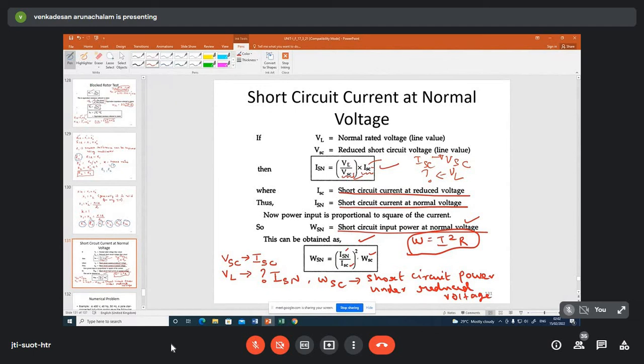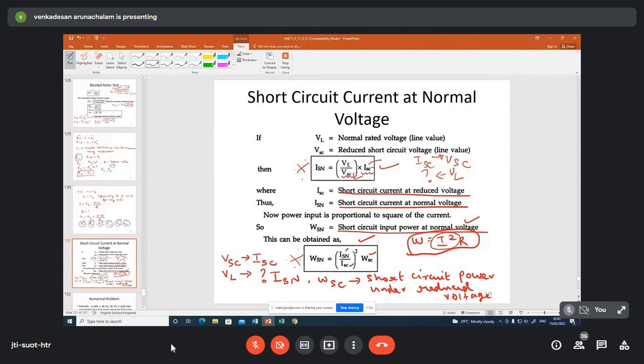But for the current at normal voltage condition, copper loss is ISN divided by ISC the whole squared multiplied by WSC, since copper loss is I squared R, so you get the square of the current here. Sometimes these two formulas are useful to solve problems in the GATE examination.